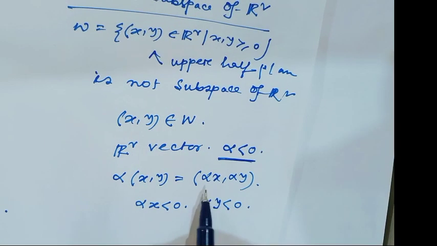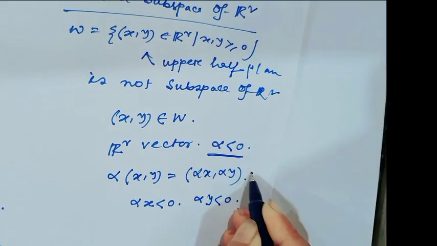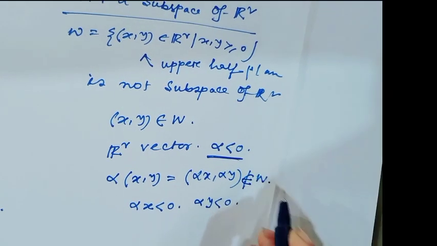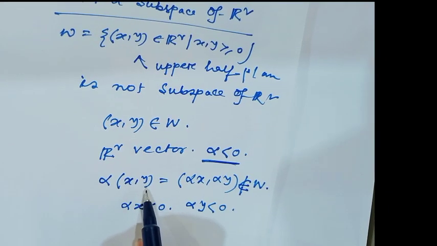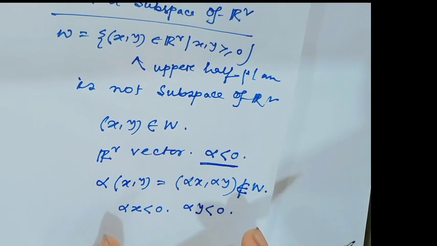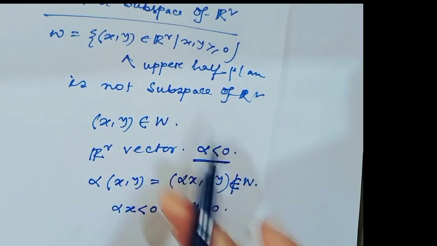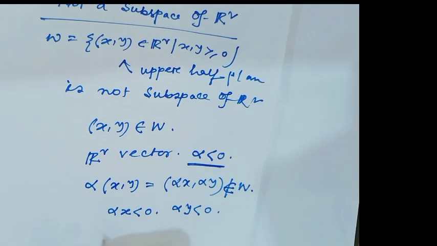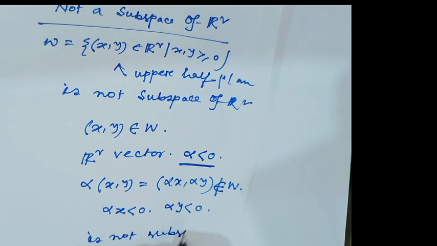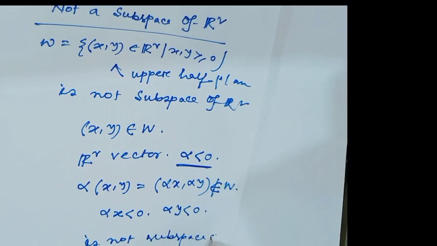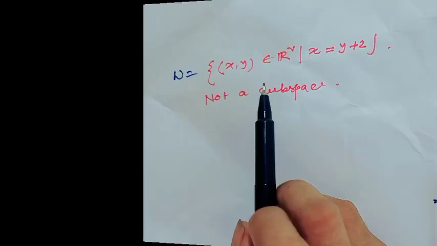Therefore (alpha x, alpha y) does not belong to W. I have taken the vector (x, y) from W, but its scalar multiple does not belong to W. So the upper half plane is not a subspace of R2. I hope all my viewers have understood this concept easily.